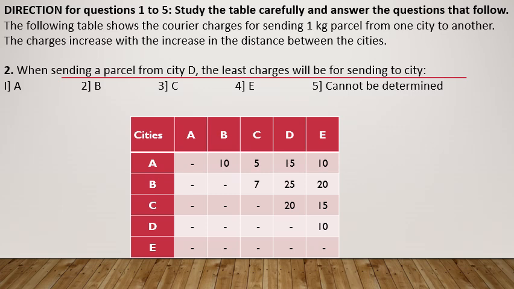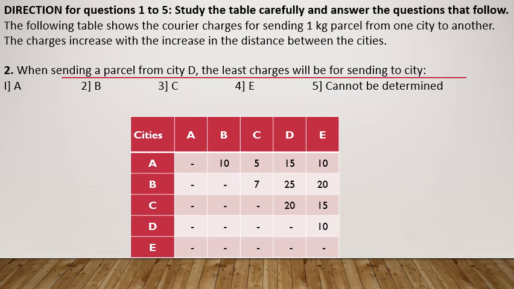Coming to the next question, question number 2 is, when sending a parcel from city D, the least charges will be for sending to city. Here we are sending the parcel from city D, and we have to tell for which city the charge is least.